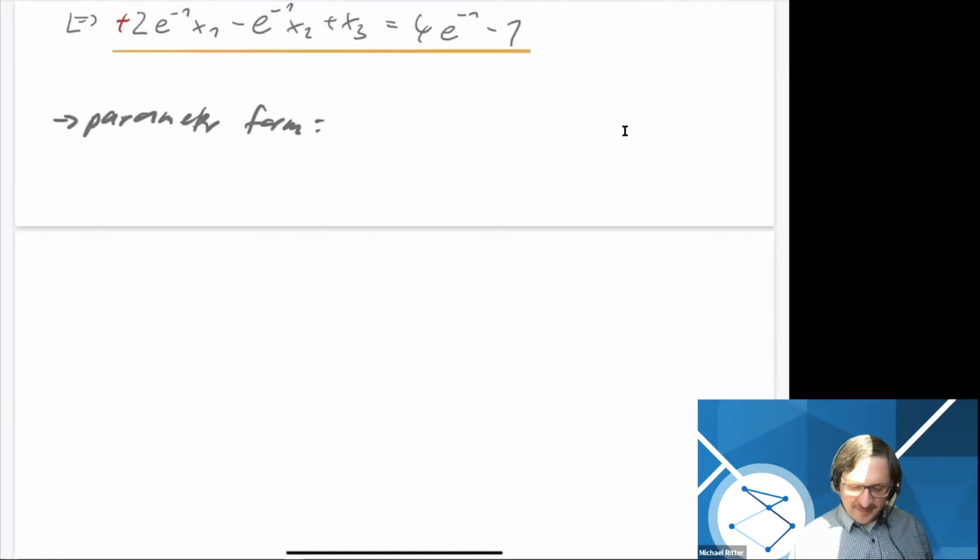Okay, let's get to the parameter form then. So how do I get the parameter form from this? Well, what I was just trying to say is that the normal form contains a so-called normal vector, a vector that is perpendicular to the plane.